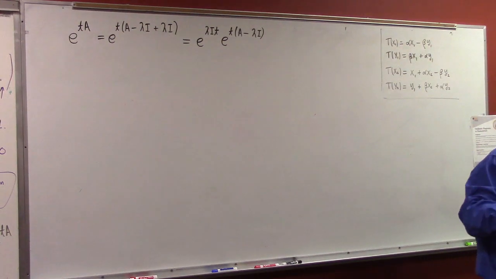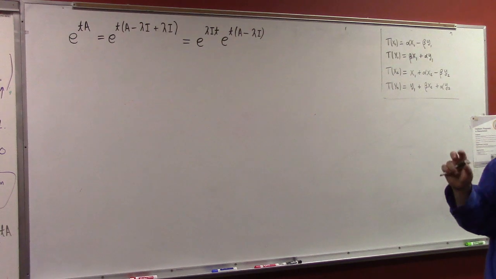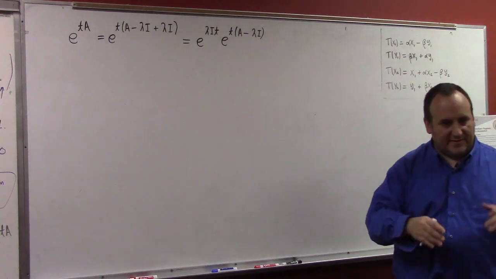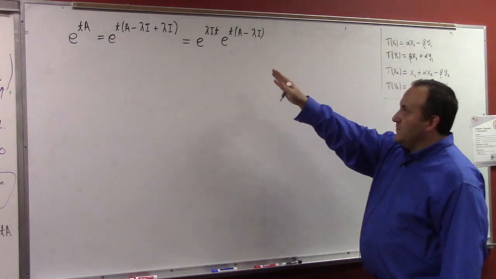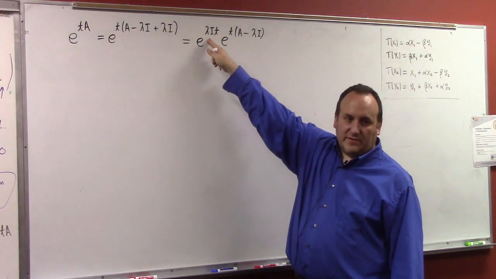Now I should warn, the matrix exponential does not obey the laws of exponents, generally speaking. There's a more complicated relation. It actually involves a series of nested commutators. It's something called the Baker-Campbell-Hausdorff relation. We'll talk more about that some other day. The point is, this is true because that's the identity matrix, and that identity matrix commutes with all matrices.